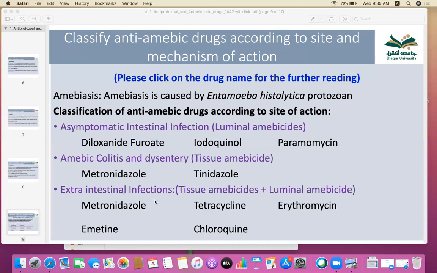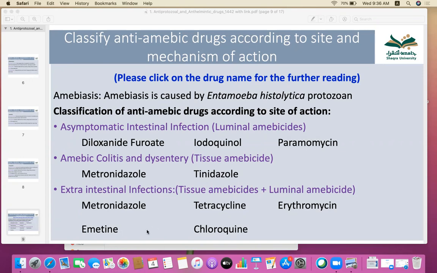And extraintestinal infection. Here tissue amoebicides plus luminal amoebicides are both useful, and this includes metronidazole, and some antibiotics are useful: tetracycline and erythromycin.